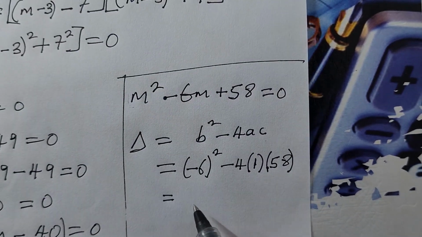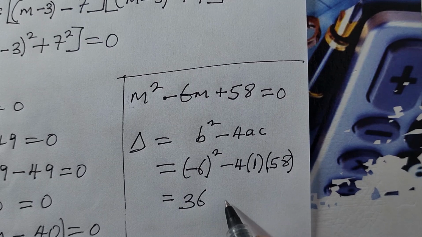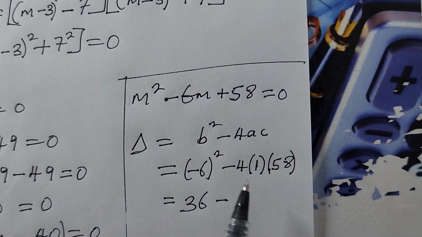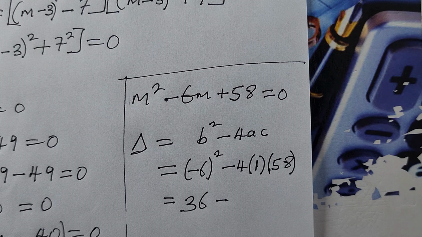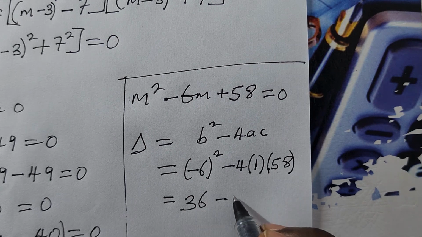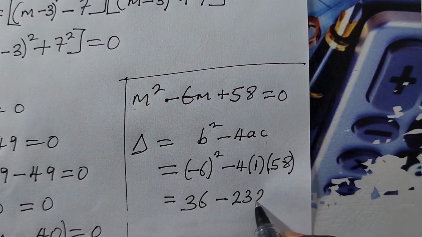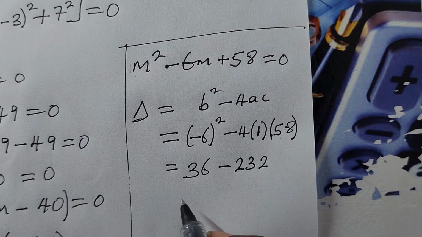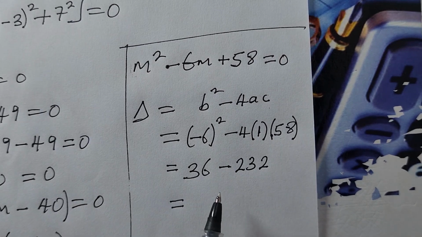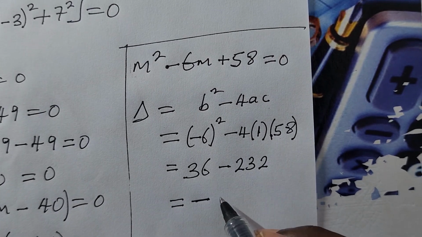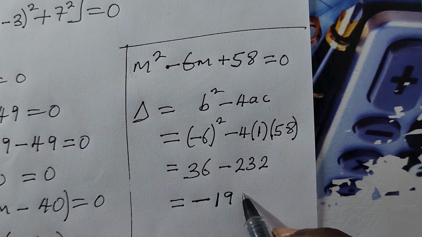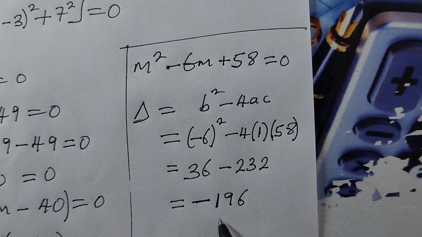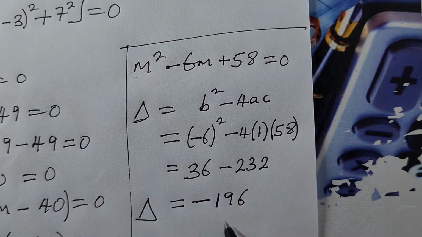So this will now give us 36 minus 4 times 1 times 58. That will give us 232, so this is going to give us minus 196.